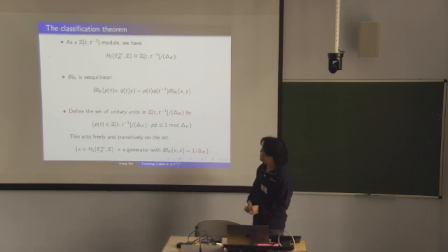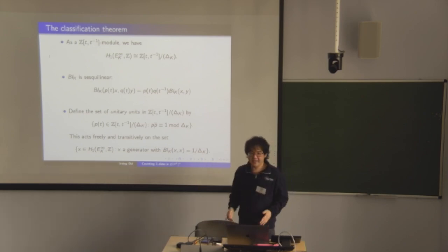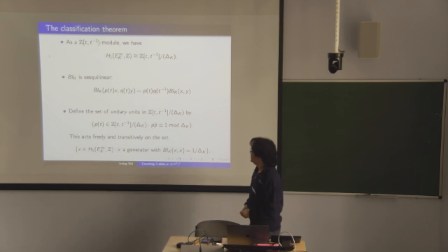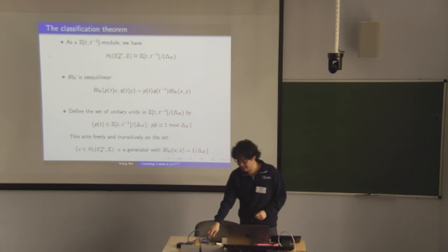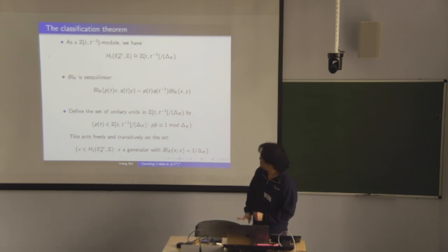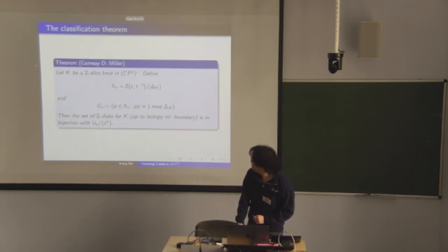So in fact now I've made it into a totally algebraic question: in order to enumerate the set of Z disks for a knot, I just have to figure out the cardinality of the set of unitary units inside this strange quotient polynomial ring, Z[t, t inverse] modulo the Alexander polynomial. So that is the algebraic upshot of the classification theorem.